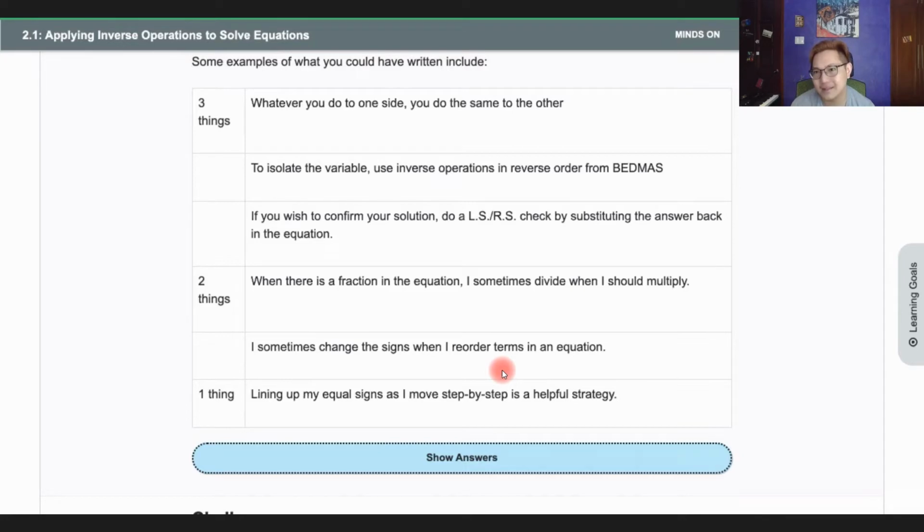Sometimes when the equation is too messy, with too many things in there, you can miss out on something, which is bad. So lining up your equal signs and moving step by step is actually better. It's more careful.